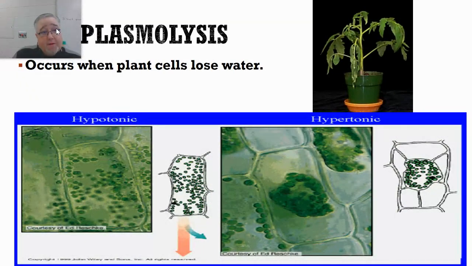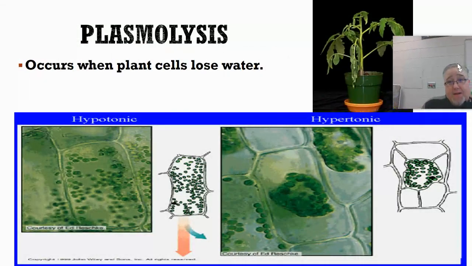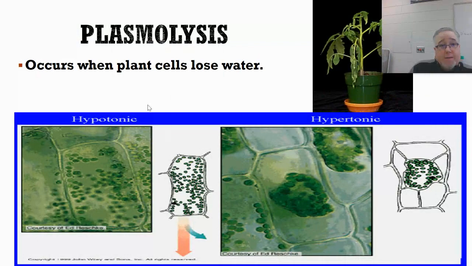Here's a couple of terms here. There's a term here called plasmolysis. Plasmolysis happens when plant cells lose water. For example, think about what type of environment plant cells would have to be in if they lose water, right? They would have to be in a hypertonic environment.